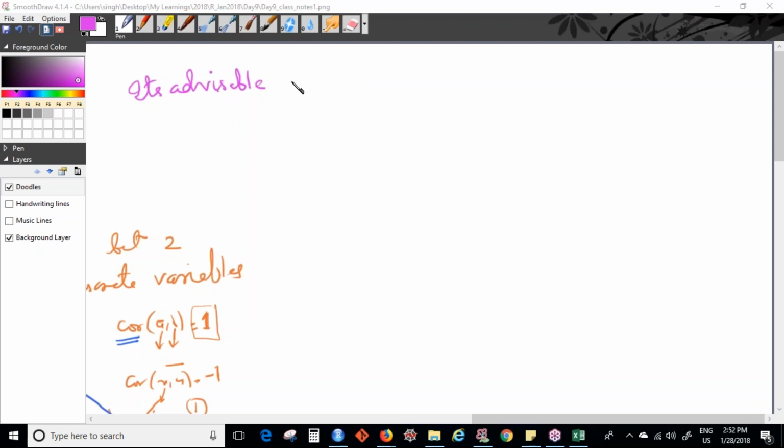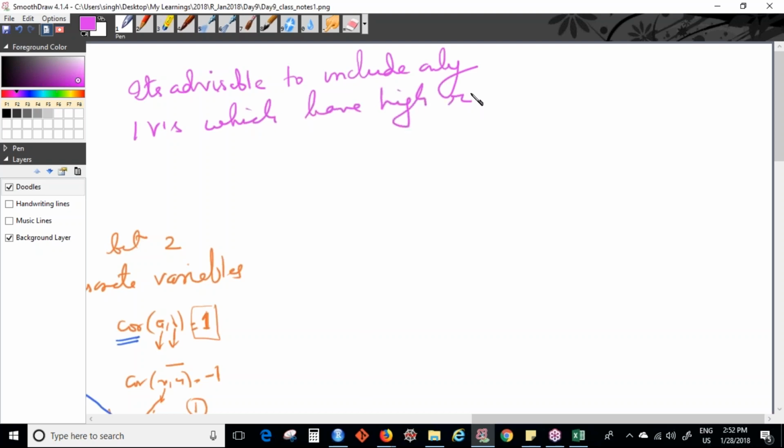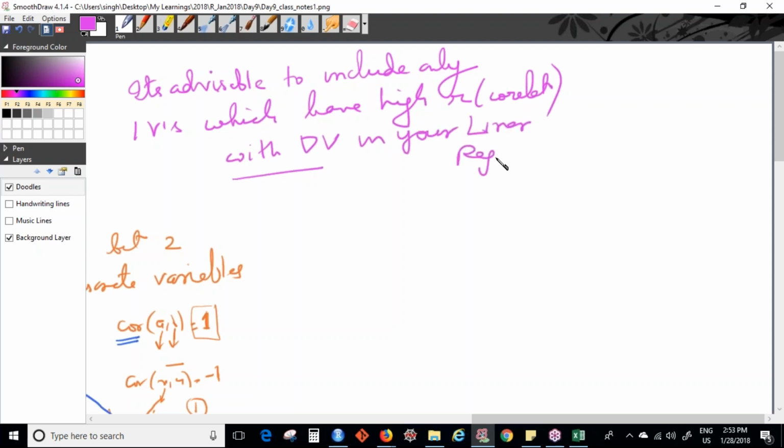Okay, so it's advisable, guys, to include only independent variables which have high correlation with the dependent variable in your linear regression model.